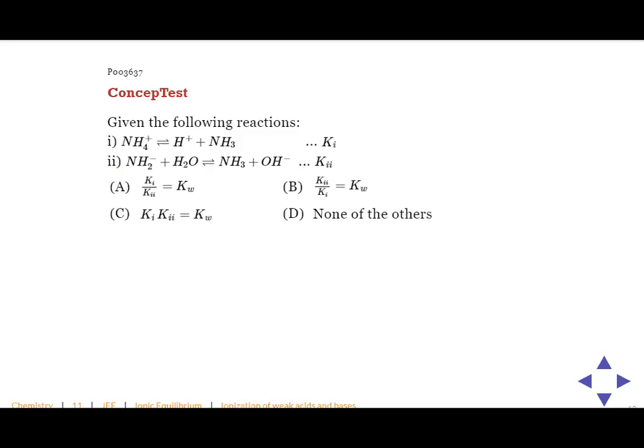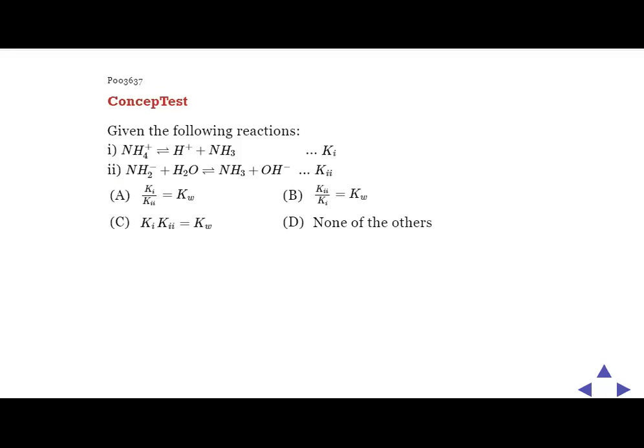So let's rephrase my problem. If I would have something like this, NH3 plus H plus, or plus H2O gives NH4 plus OH minus, and NH4 plus gives H plus NH3.